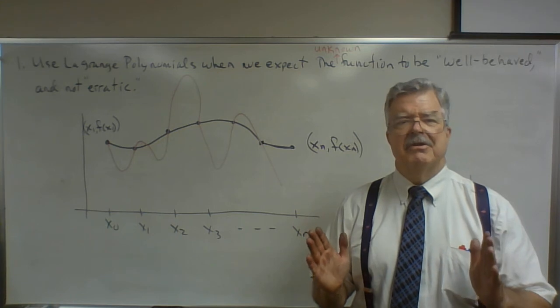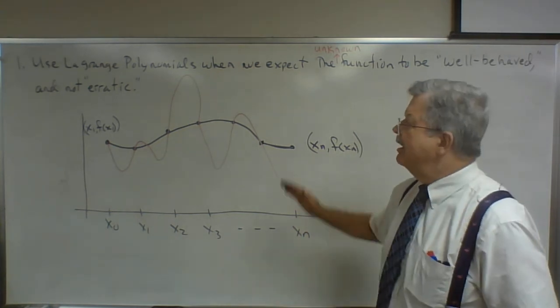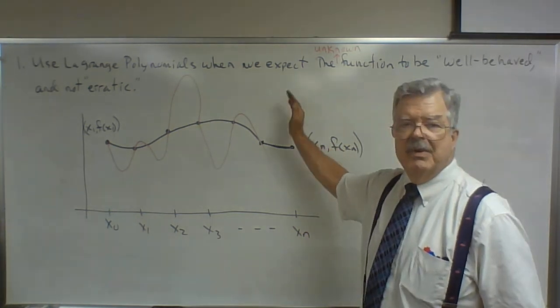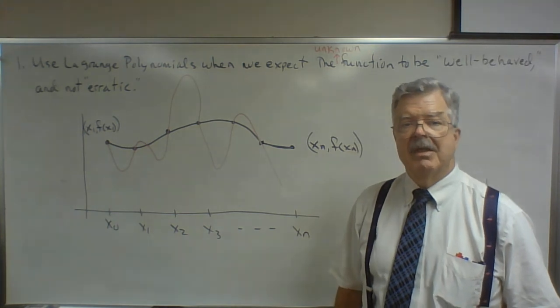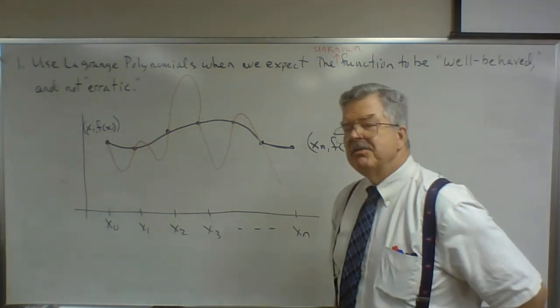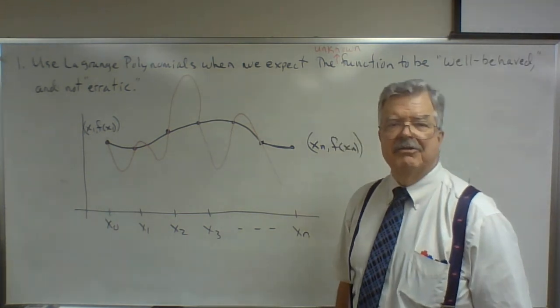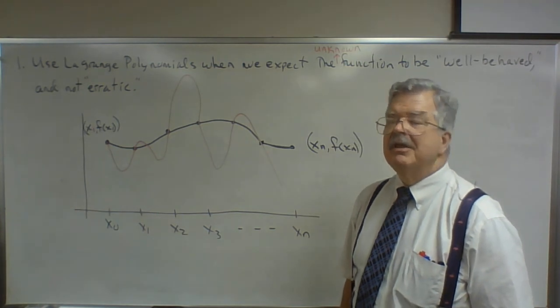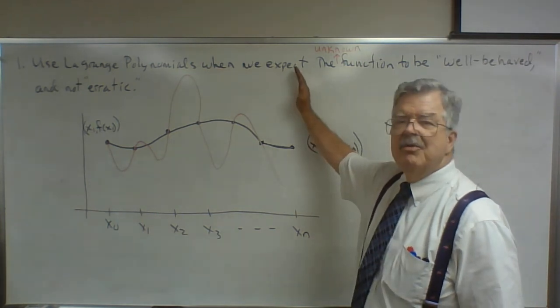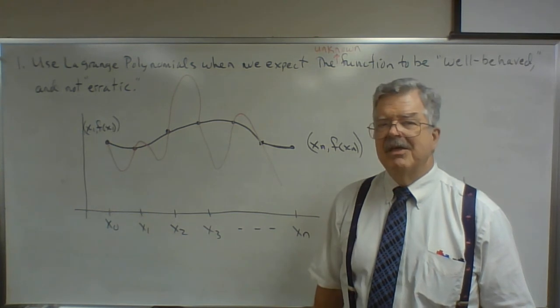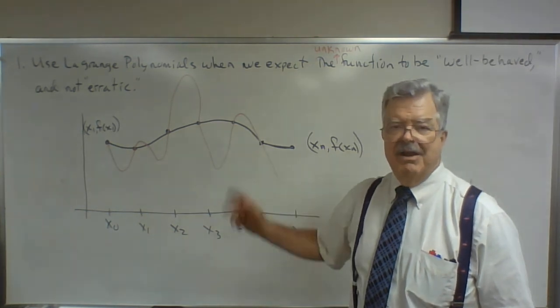Nice, well-mannered functions. Lagrange polynomials are the way to go. And they'll probably give us a very good approximation to the unknown function, just as long as we have no reason to believe that the function is erratic and not well behaved.